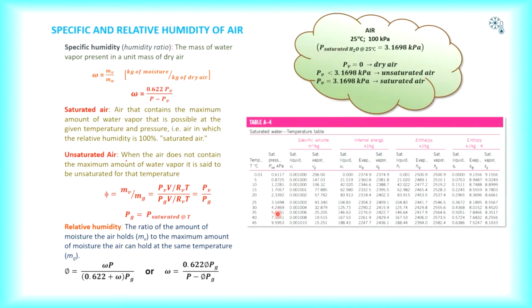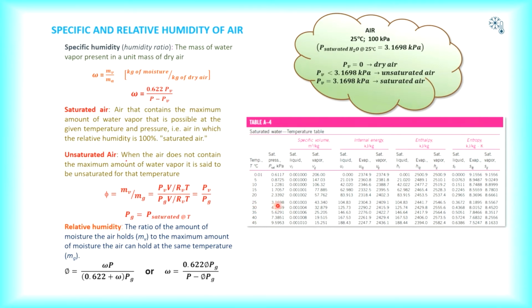When you look at this table here, I got this table done for you. Let us take a look at 25 degrees C. You can see the pressure here. This is the saturation pressure at this temperature, which is 3.1698 here, at 25. This is the temperature, which we can call the dry bulb temperature, the normal temperature.